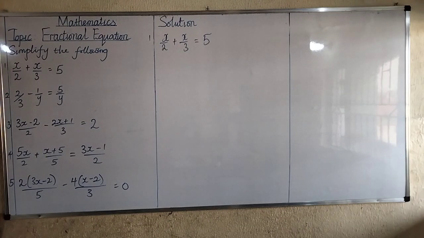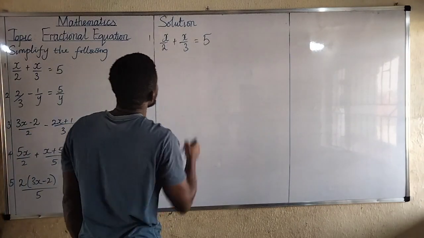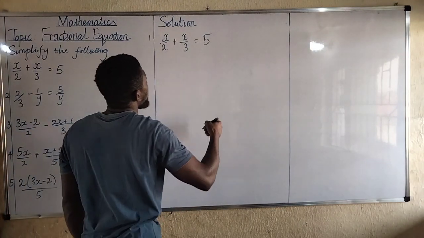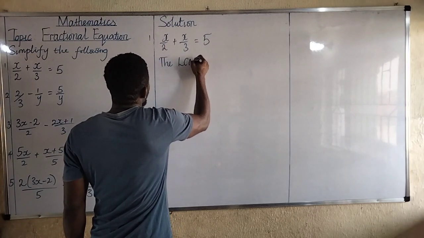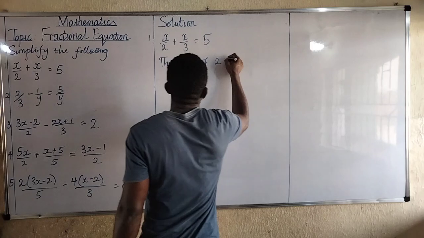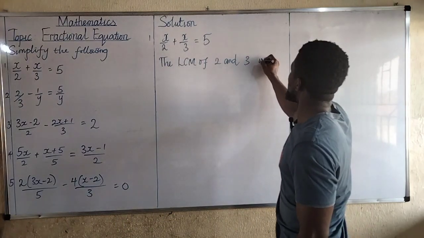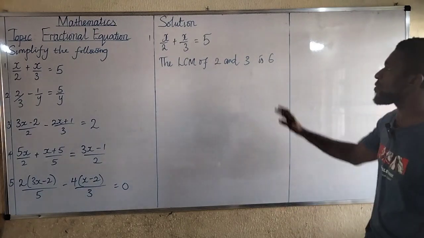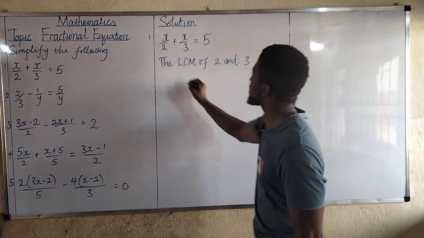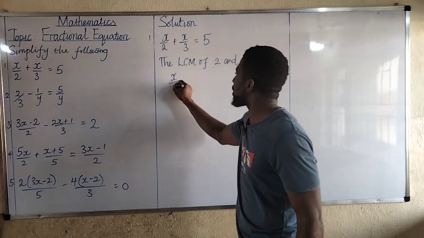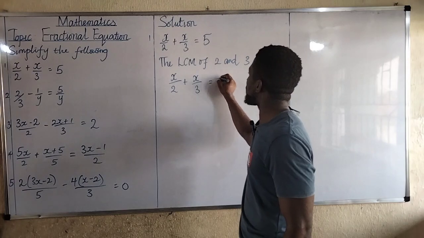To solve this problem, let us get the LCM of 2 and 3. The LCM of 2 and 3 is 6. Then we multiply each of these fractions by 6. We have x over 2 plus x over 3 equal to 5.